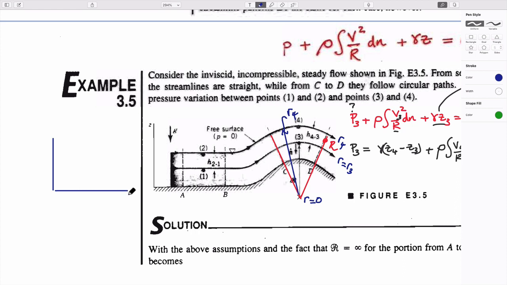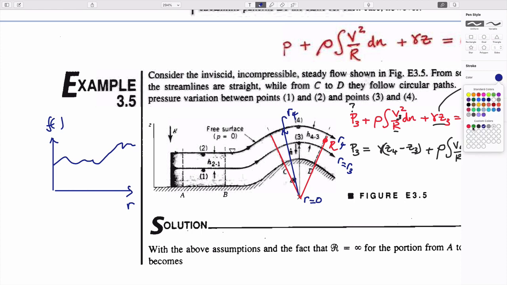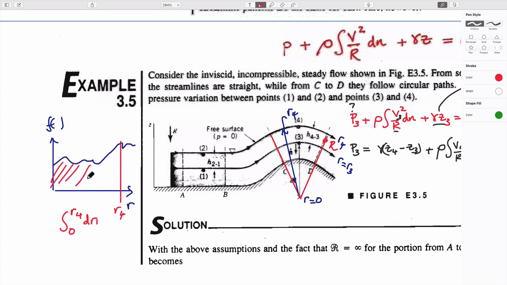So if you have a function that looks like this, some random thing, then if you integrate from 0 to R4, for instance, dr, it's actually n that we're using, then that integral is just this area that's included in here, right? That's all an integral is.